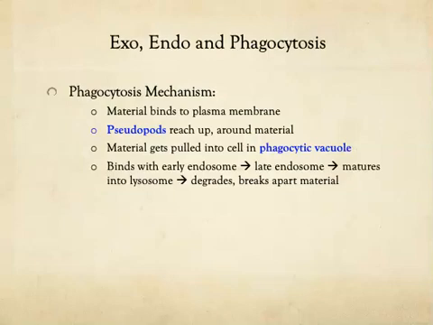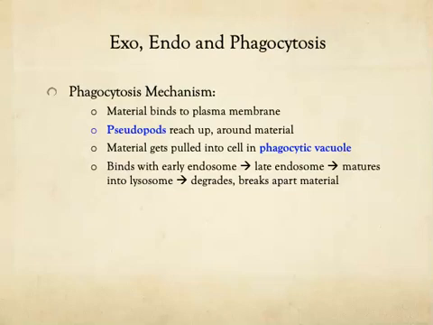So phagocytosis is this process that brings a large particle or particles into the cell. Now, phagocytosis is non-specific in the sense that there is no particular receptor, no specific receptor that this large particle is binding to.